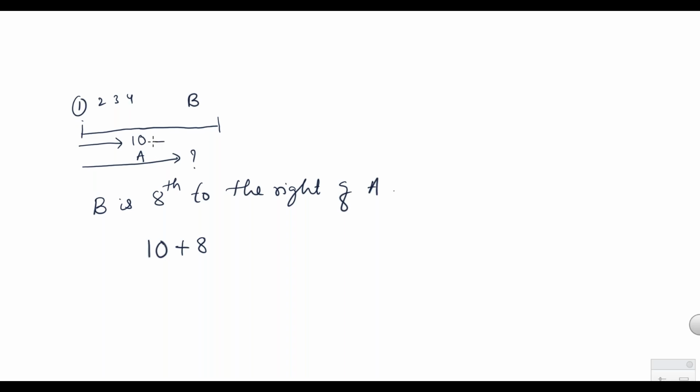If I take the second person to the right, it means first person, second person, I have to add both. So up to B, if the 8th person is B, there are 8 people. So 10 plus 8. Now I have to take plus 1 or minus 1. I want both A and B. So should I take plus 1 or minus 1?